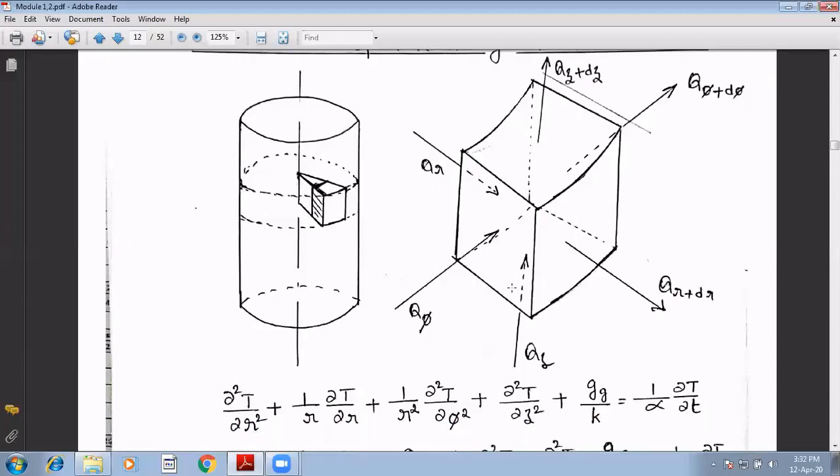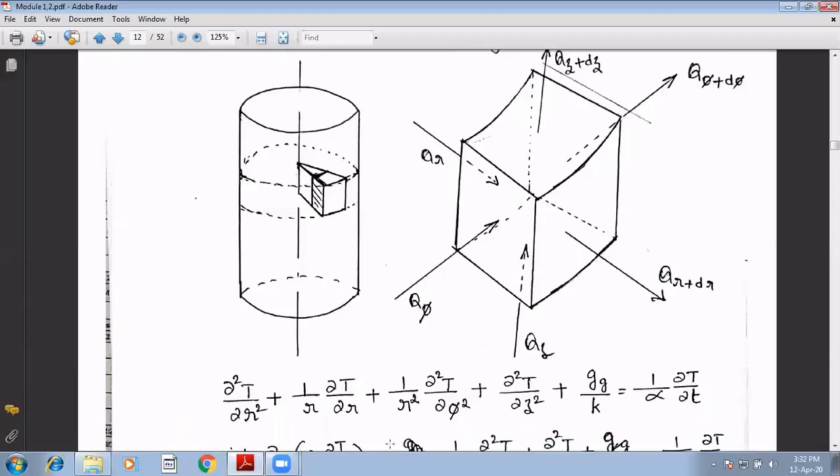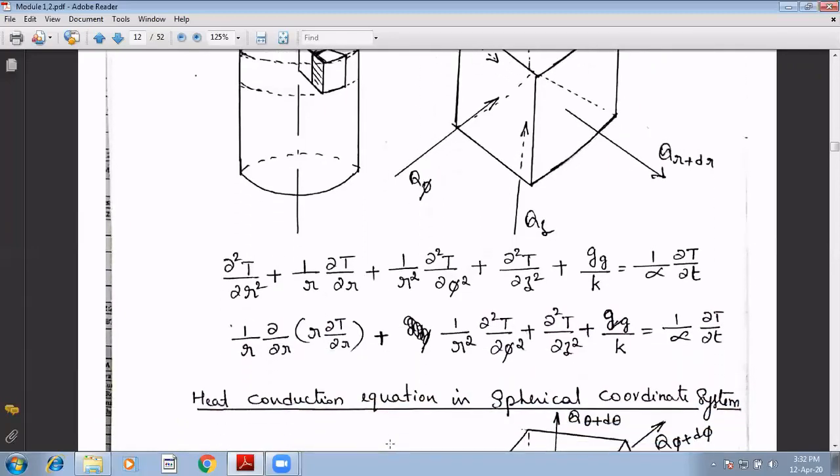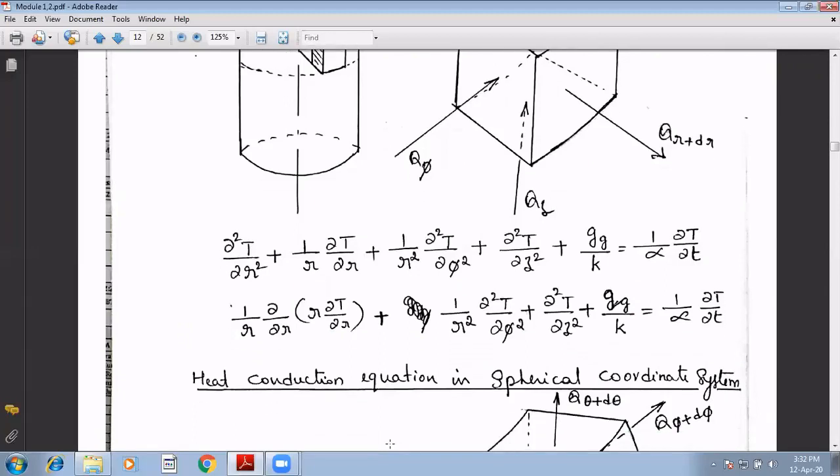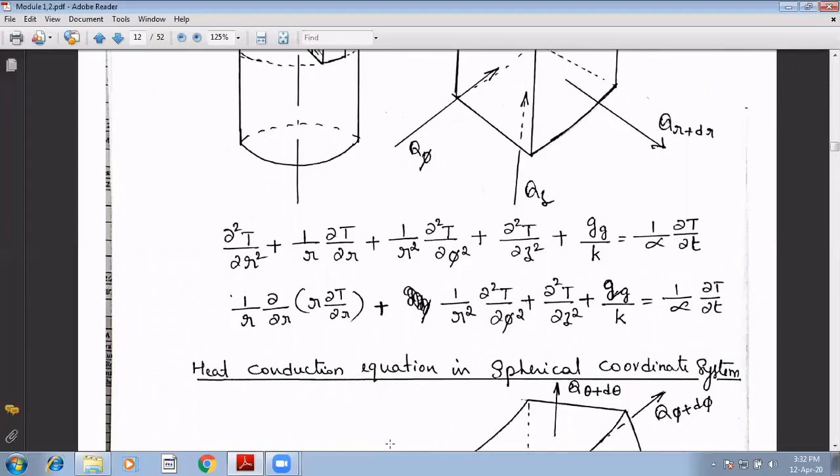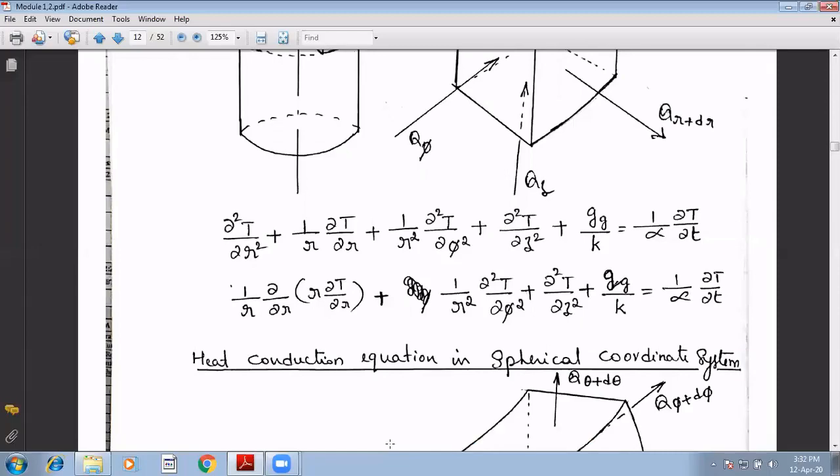If you solve the same as the previous steps, you will get this as the final expression. You will be asked either Cartesian or cylindrical coordinates alternatively. These two are very important from the point of view of your examination.